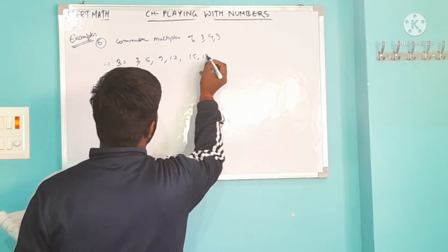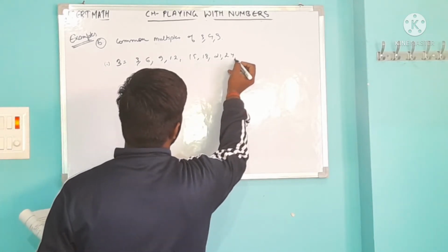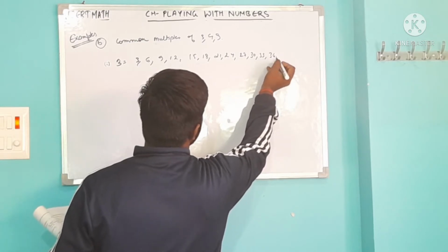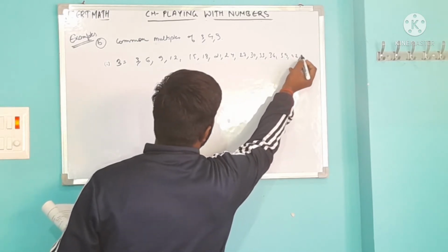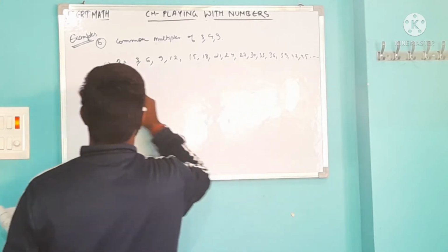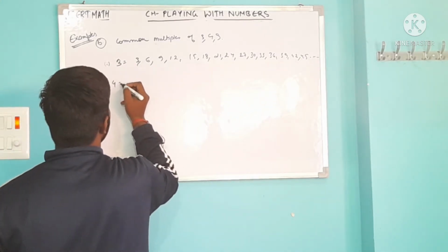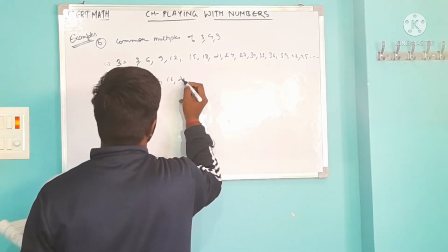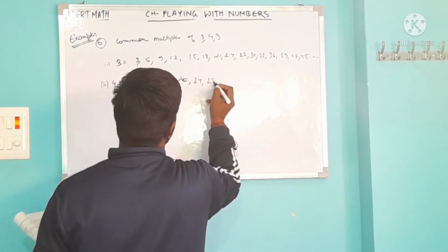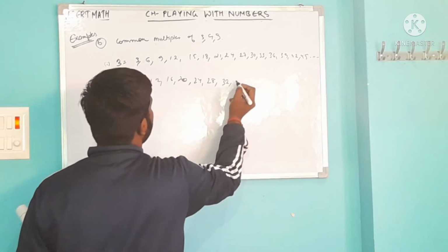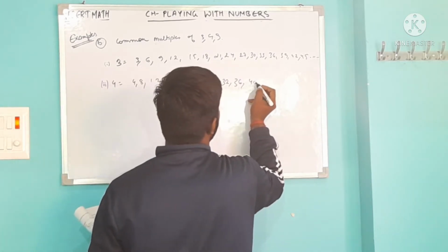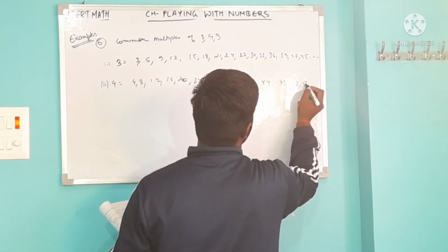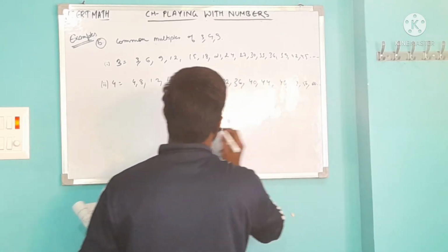15, 18, 21, 24, 27, 30, 33, 36, 39, 42, 45 and so on. For 4 we have 4, 8, 12, 16, 20, 24, 28, 32, 36, 40, 44, 48, 52, 56, 60 and so on.